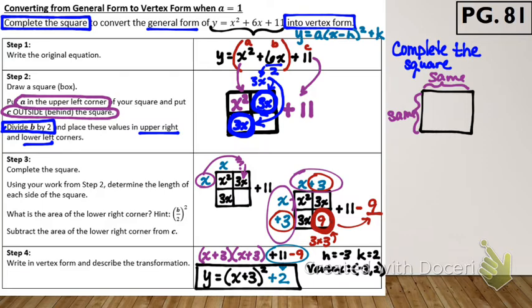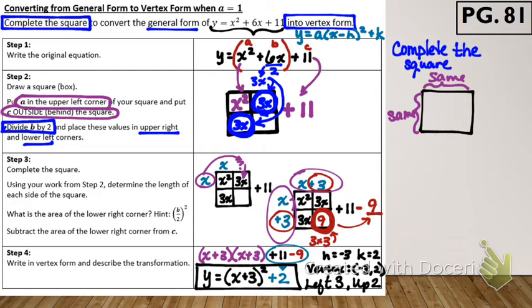Which way did it shift? Left 3. What else? Up 2. What's our a value here? Nothing. It's a 1 out in front. Whenever you don't see a number after the equal sign, it is a 1, and it does not affect our transformation at all.